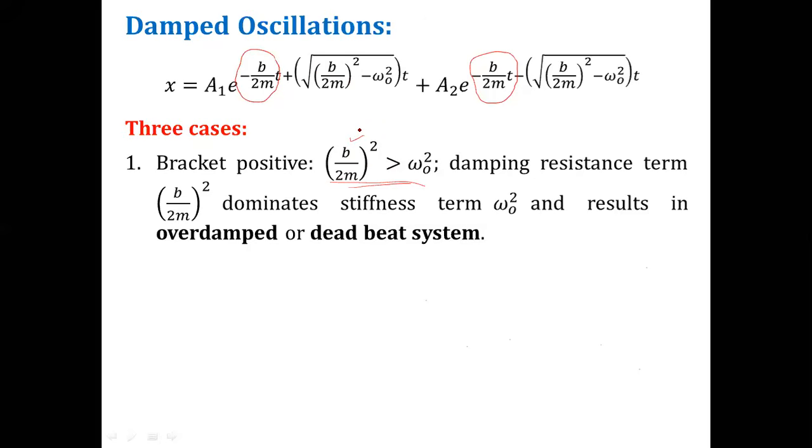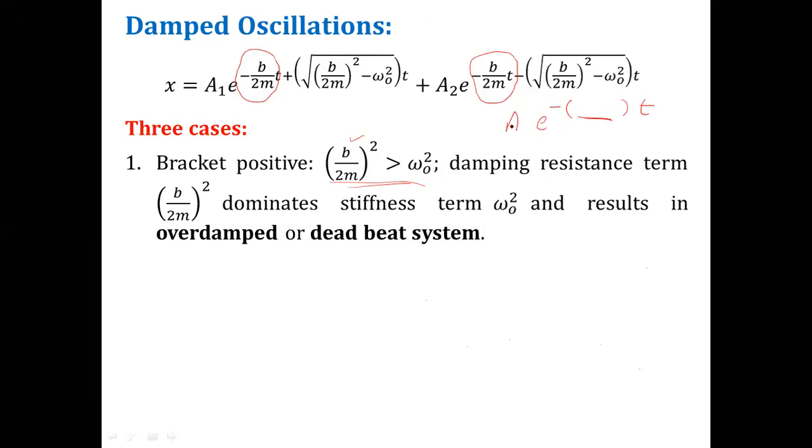That means we are saying that कि आपके जो resistive forces हैं, they are dominating your restoring forces. उस केस में क्या होगा? If you look at this term here, यहाँ पे तो इसके minus में you are still having some term which is minus of this term. So this is definitely going to be some exponentially decaying function of time, right?